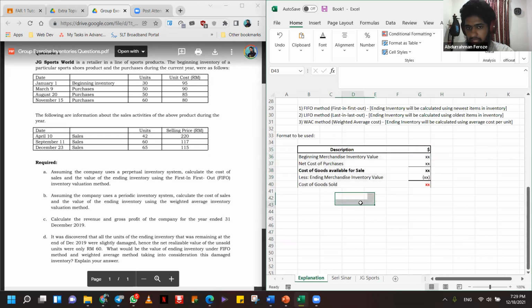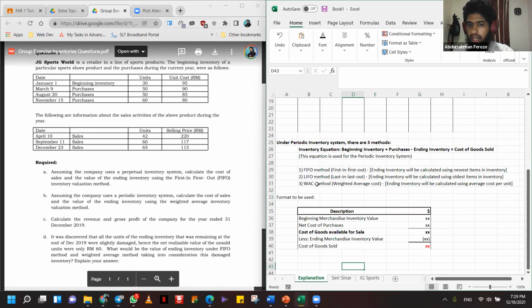As you put in the explanation here, in the WAC method, the ending inventory will be calculated using the average cost per unit, right?